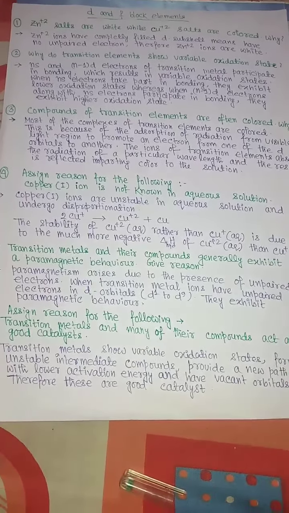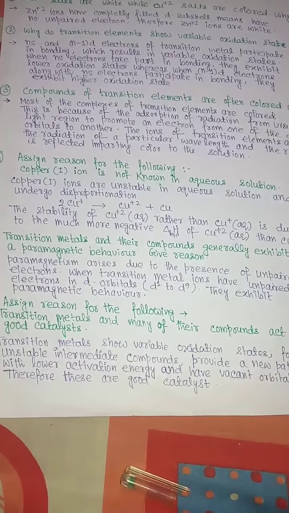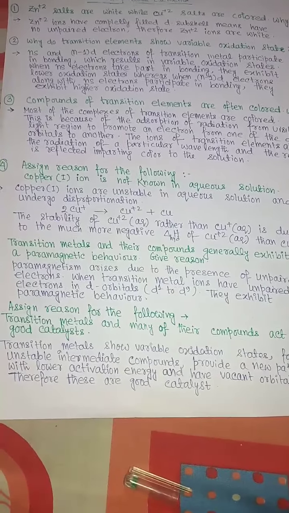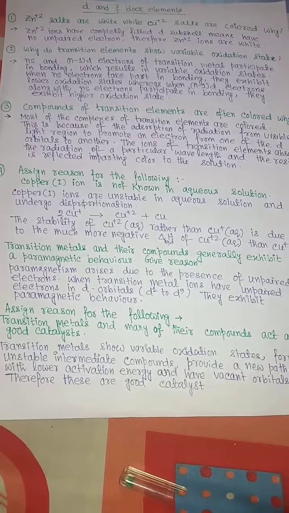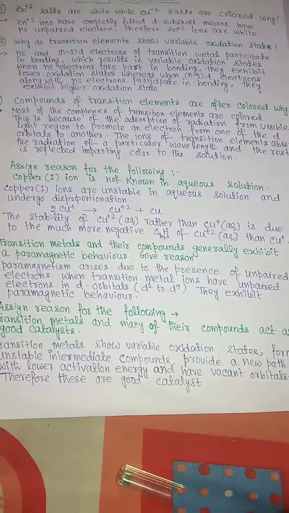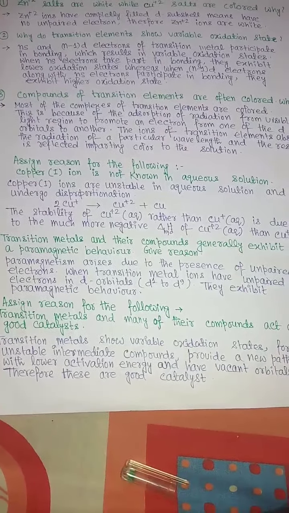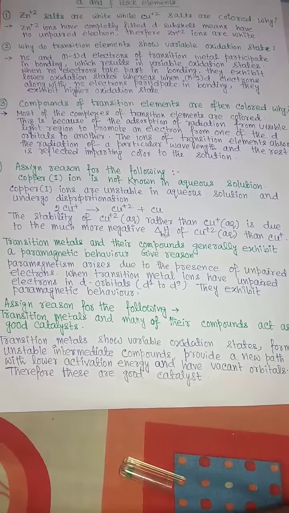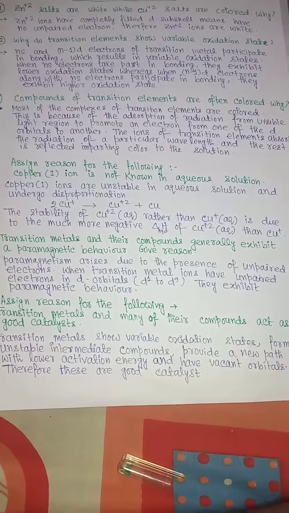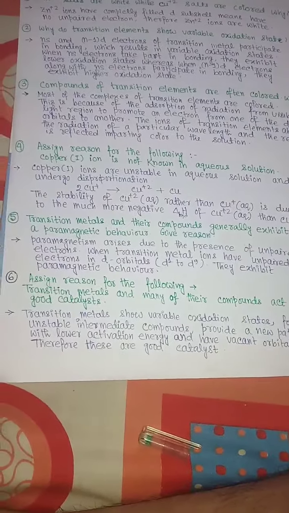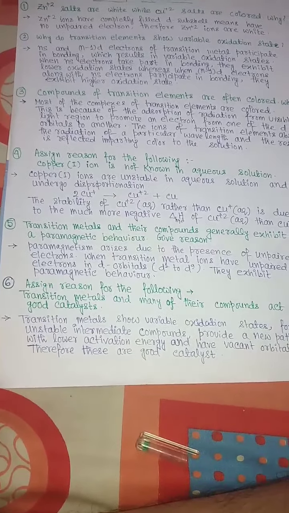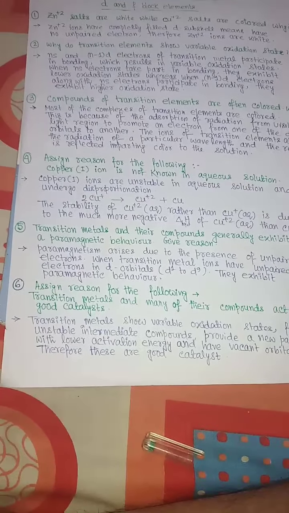That means 2Cu+ gives Cu2+ plus Cu. The stability of Cu2+(aq) rather than Cu+(aq) is due to much more negative hydration enthalpy of Cu2+(aq) than Cu+. That's why copper(I) ion is not known in aqueous solution.